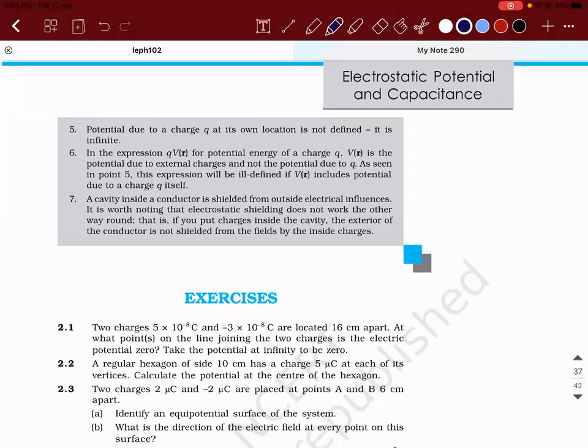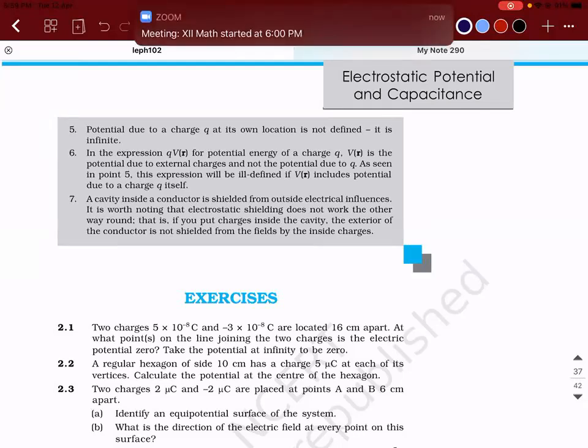Look at the question, it is framed very carefully. At what point or points on the line joining the two charges is the electrostatic potential 0? There will be 2 points. It will be closer to the negative charge, minus 3 into 10 power minus 8. It will be on the right of it as well as in between, closer to it. If you want, you can try and see, you will get the same answer. Logic will not fail there.